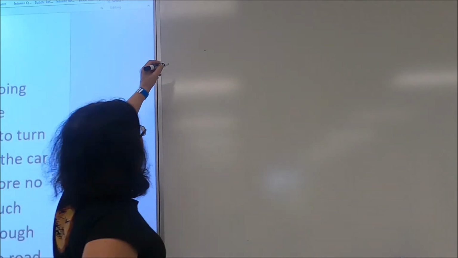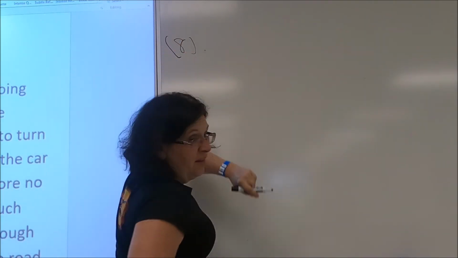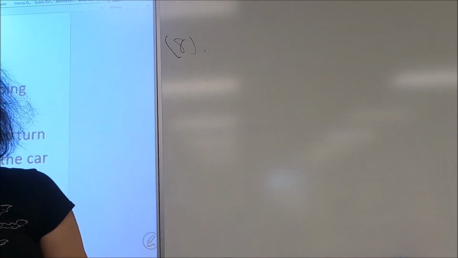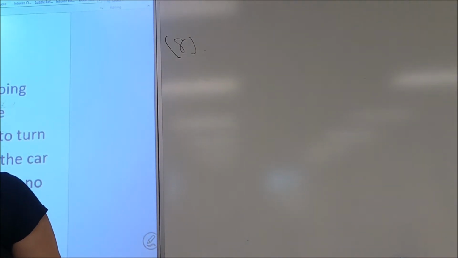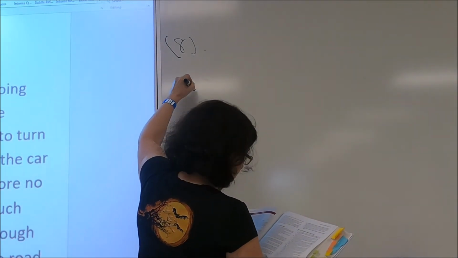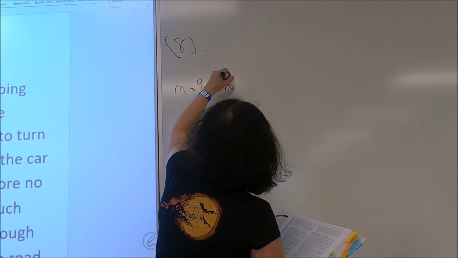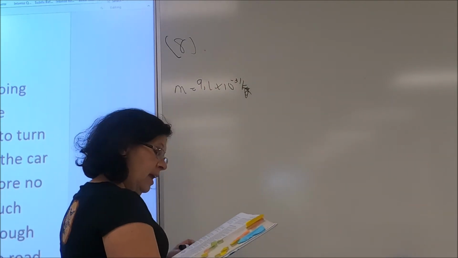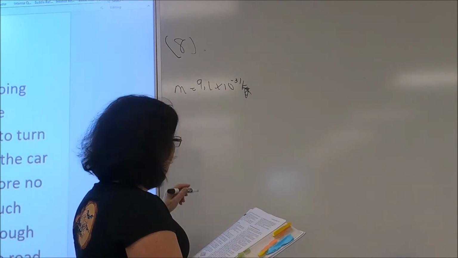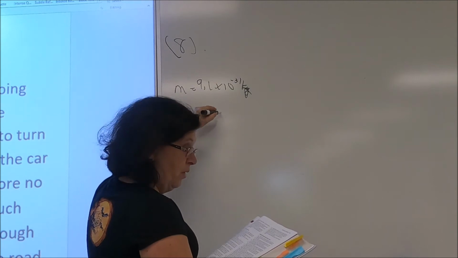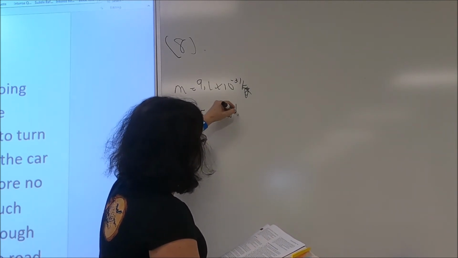Problem number 8 says that in the Bohr model of a hydrogen atom, an electron of mass 9.1 times 10 to the minus 31 kilograms is in an orbit at a radius of 5.3 times 10 to the minus 11 meters.